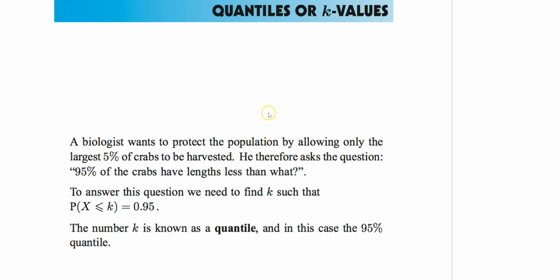Okay, so let's go to the second part. It's probably the most important part today: quartiles or k values. When we do normal distribution problems, there's actually 3 types of problems. The first one is, I like to say, the standard form, when you go forward, where you find the probability.